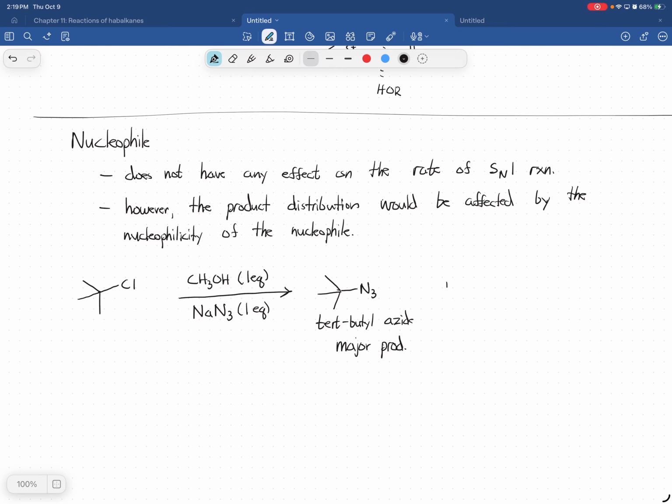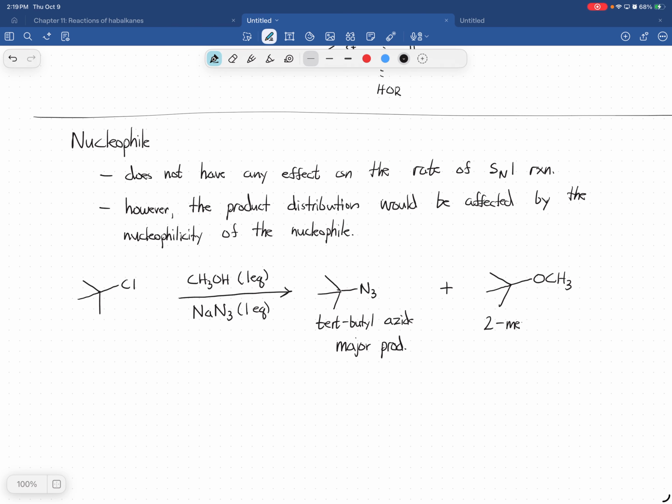And you do get some amount of the ether, OCH3.